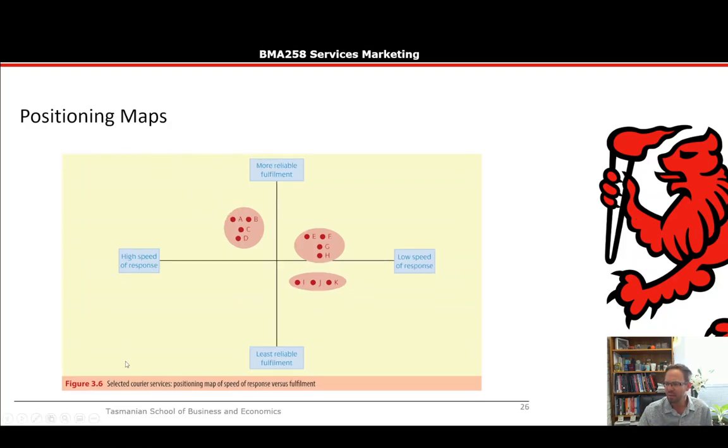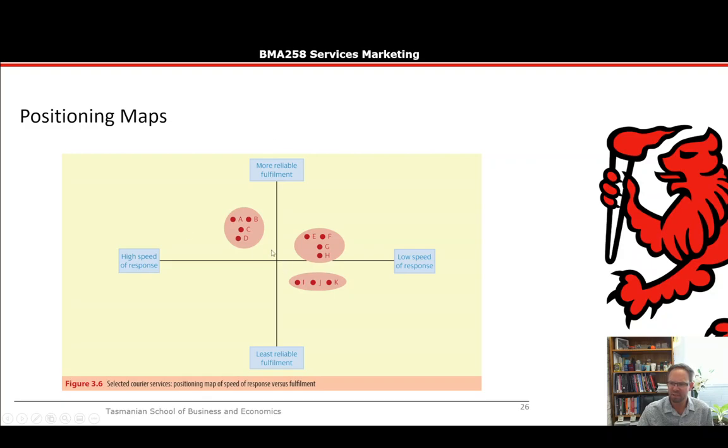Now here's another one where we've got the speed of response. So high speed, low speed. Instead of price, we've got reliability and less reliability. When you do these positioning maps, there's no scale on here, right? So it's not like speed of response here would be the median or the average response, which say would be 1 day, and then these ones are low response, that's 2 days, 3 days, 4 days, 5 days.